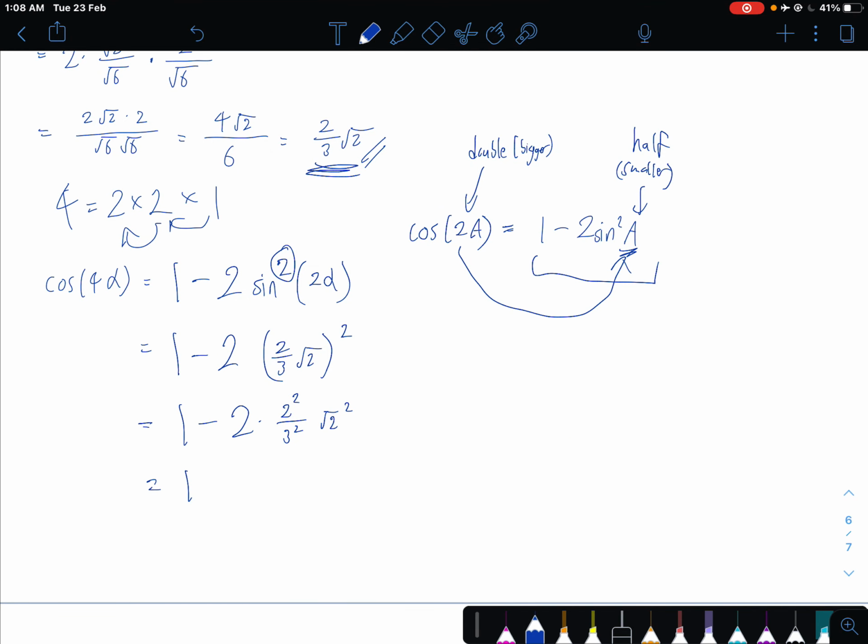You get 1 minus 2 times 4 over 9 times square root 2 squared is 2. Okay, great. Continue expanding: 1 minus 2 times 4 times 2. 2 times 4 is 8. 8 times 2 is 16. 1 minus 16 over 9. That means you're left with 7 over 9. And finally, that's cosine 4 alpha, and we are done.